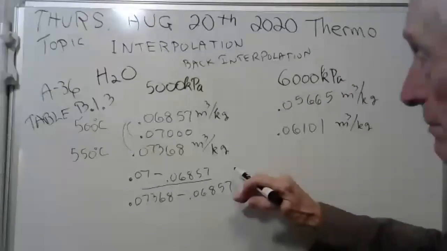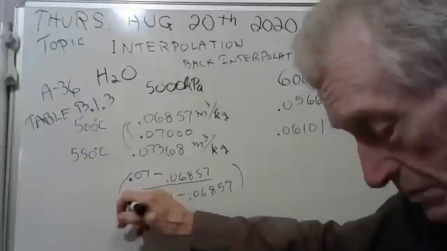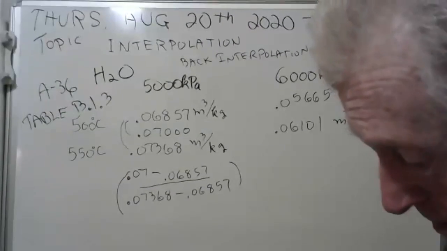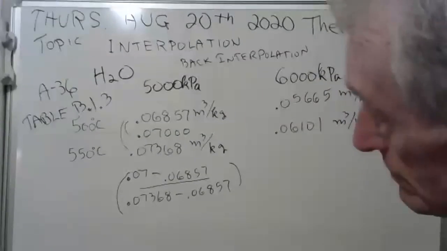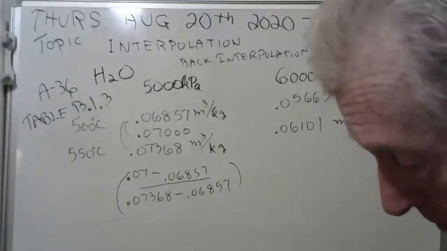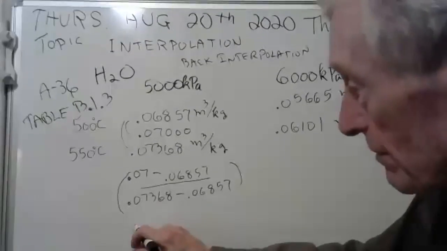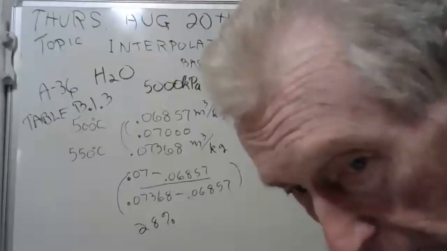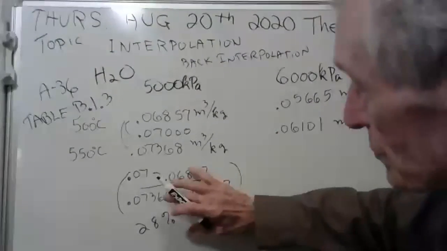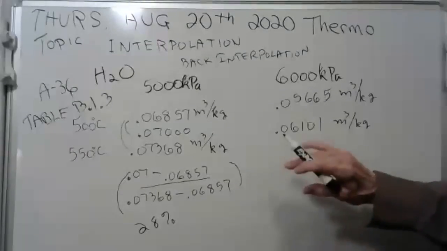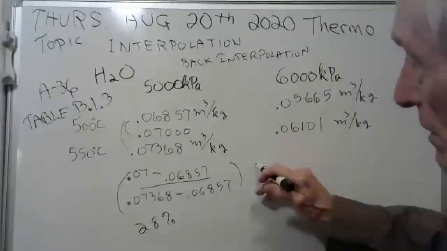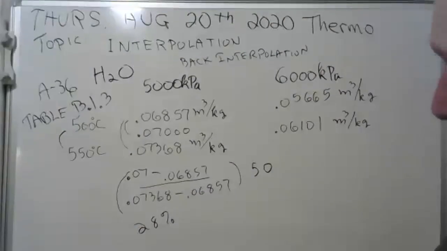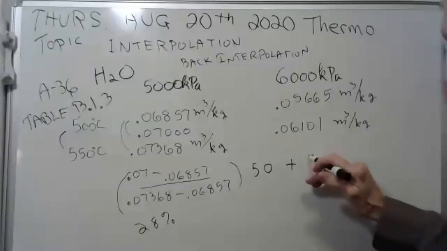Yes. And then this comes out to be 0.2798, it's roughly 28%. It's 27.9 blah blah blah. But then what you do is take that and multiply by 50, because the difference between these is 50, and then you add it to 500.